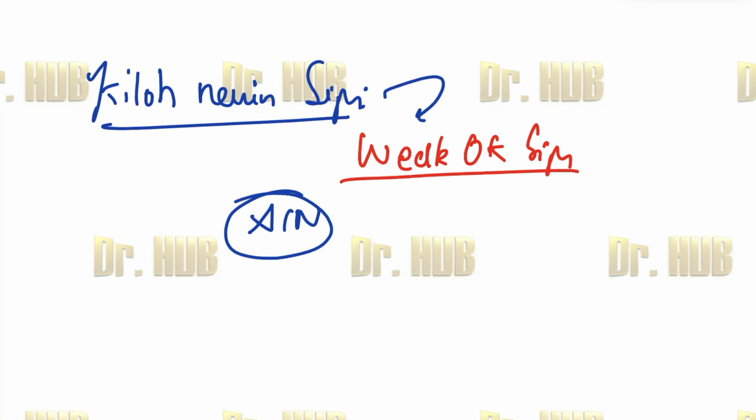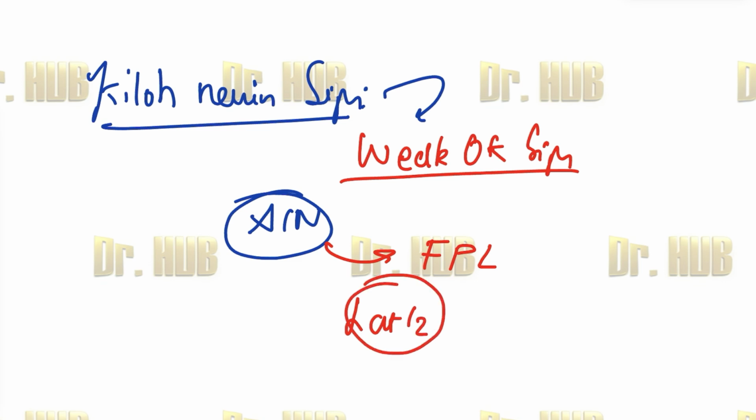It is a pure motor branch of the median nerve supplying the FPL and also the lateral half of the FDP.